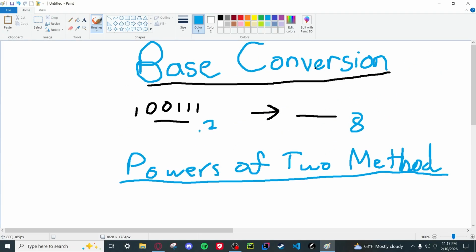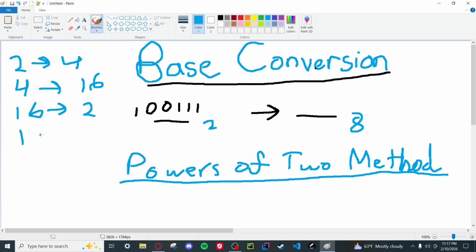Because it only works when you're converting from a power of 2 to another power of 2. So base 2 to base 4 works, base 4 to base 16 works, base 16 to base 2 works, base 16 to base 3 doesn't work, okay? So it can only be between bases that are powers of 2.